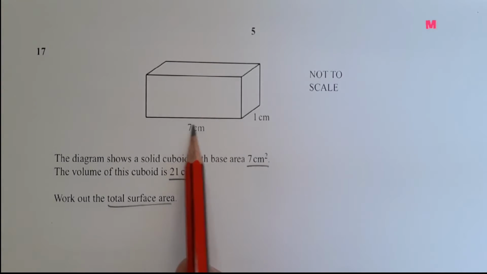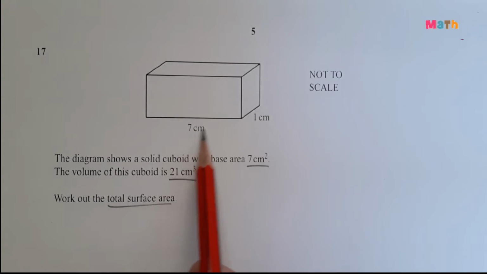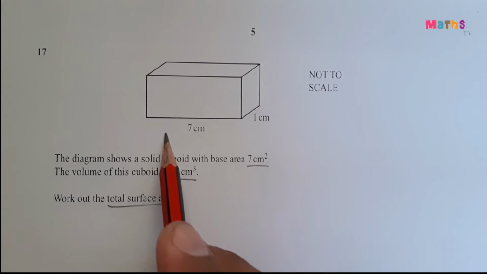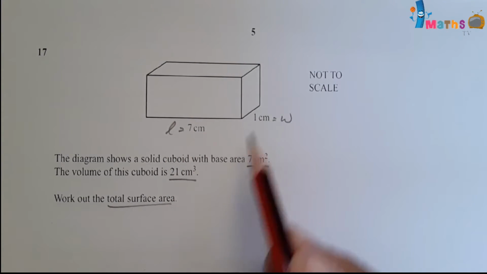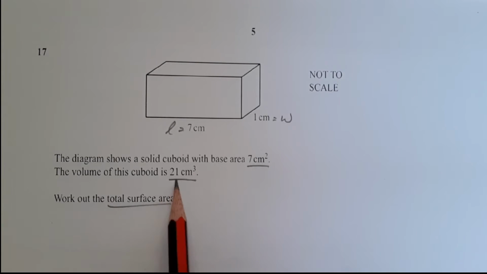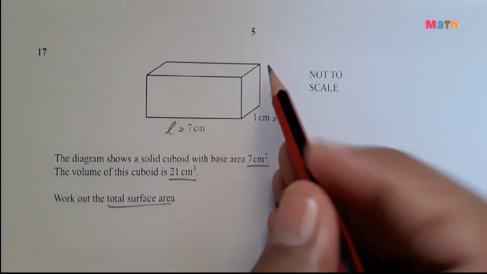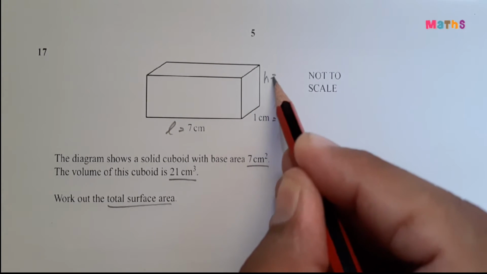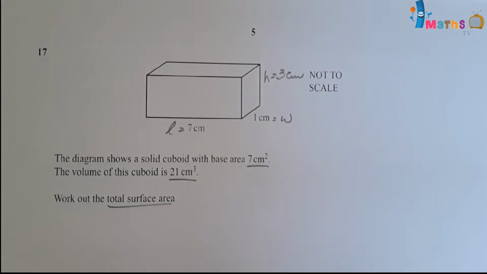So base area is 7 centimeter square. It means length is 7, width is 1, and volume is 21. So volume is length into width into height. So it means height is equal to 3 centimeters.